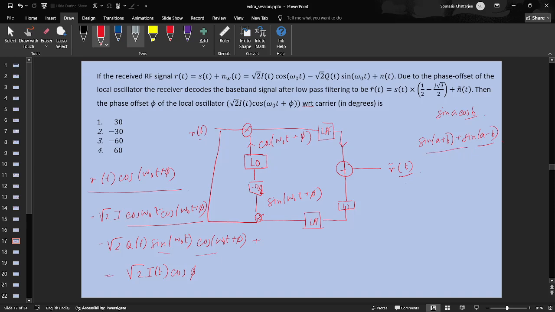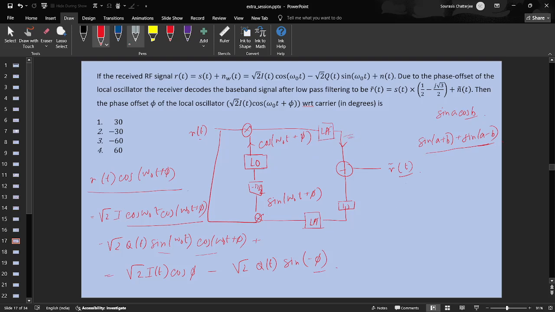Is that correct, or am I doing something wrong here? Here I have minus root 2 Q(t) sin of minus phi. This is about the things that come here.